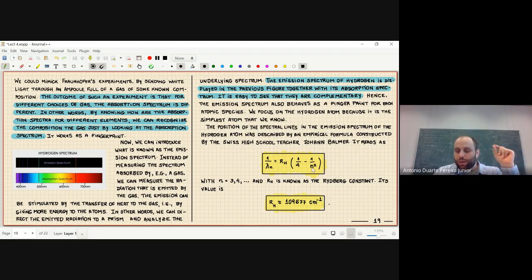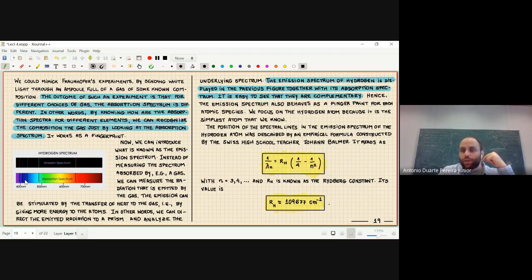Another comment is that n starts from 3. So if you plug in n equals 3, 4, 5, and so on, you're going to detect these values of wavelengths that are missing in the absorption spectrum.